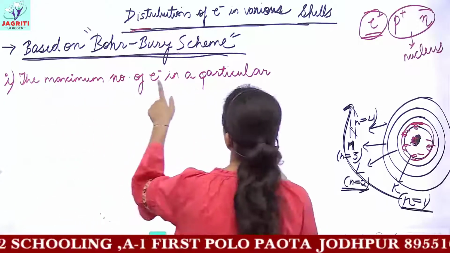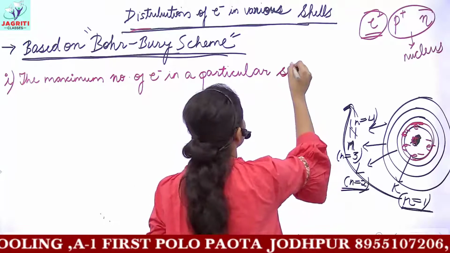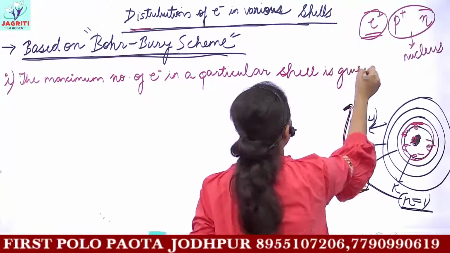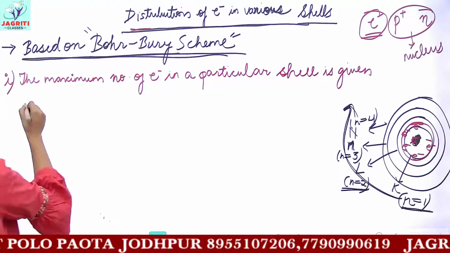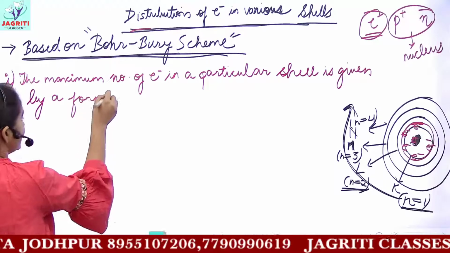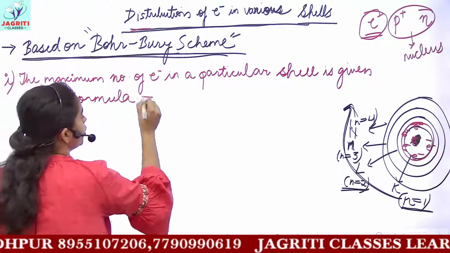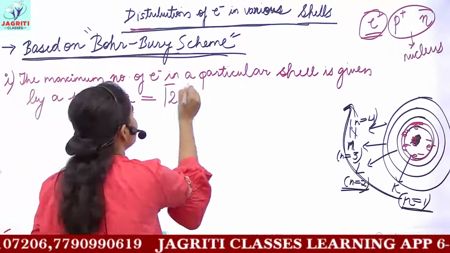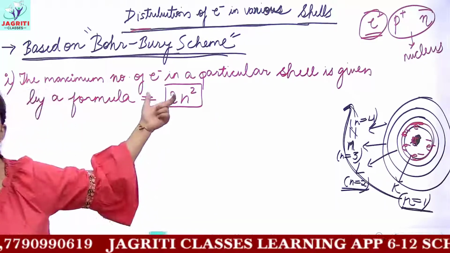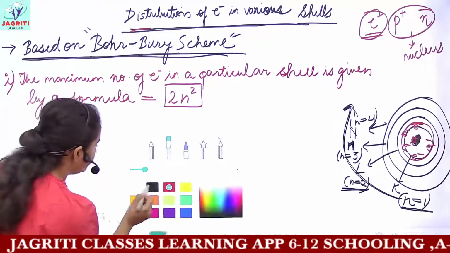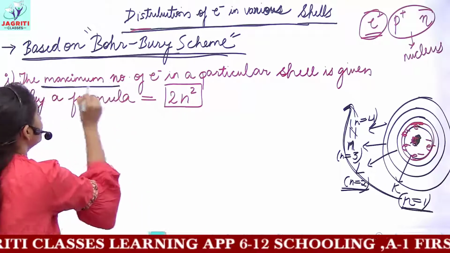is given by a formula, and that formula is 2n². Okay? So this is an important formula, and this is the first rule of the Bohr-Bury scheme. Mark my words, the term maximum is very important here.